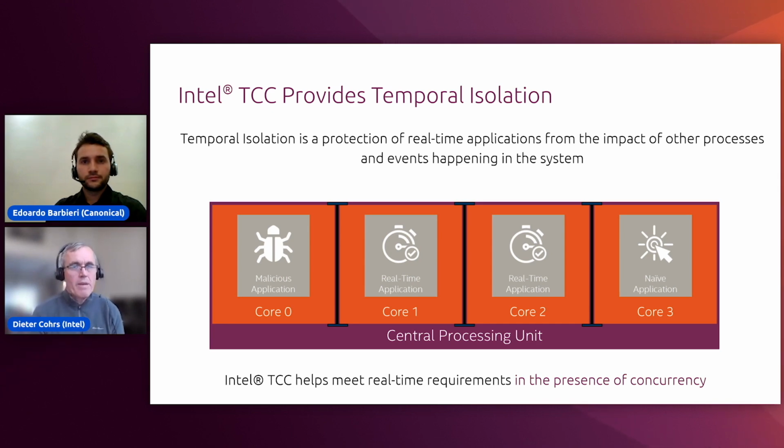It's what we call temporal isolation, making sure that when there's a real-time workload, in the example here, the real-time workload running on core 1 and core 2, and there's other workloads running on that same SoC, that you isolate those workloads from those other workloads running on the same system. And with that, have them run without any interruption with the right resources and so on. So that's really the key element of what TCC provides on our platform.